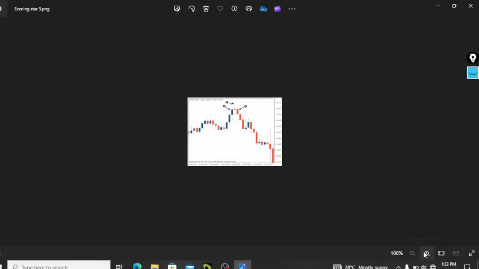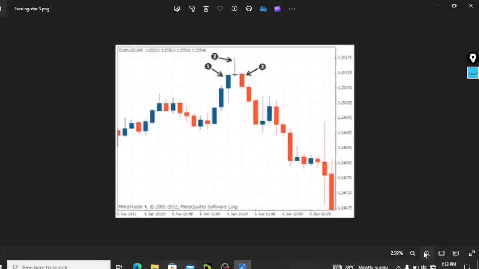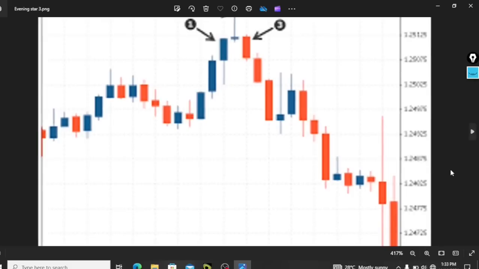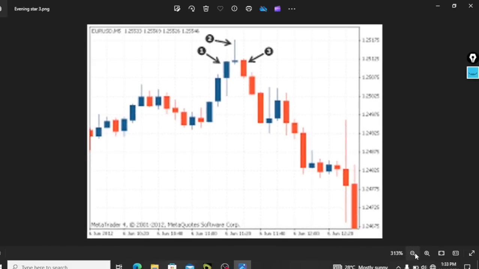I want you to be able to identify an evening star anywhere you see them in the market. While trading, anywhere it appears, no matter the form it takes, you should be able to identify it. As I have said before, it is composed of 3 candles, one green candle followed by a doji candle, maybe a small candle at the center. That small candle sometimes can just be as it appeared now. So even if it appeared this way, it's still an evening star.